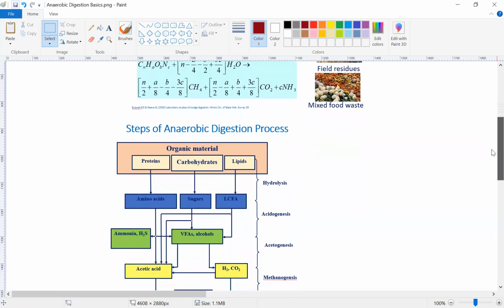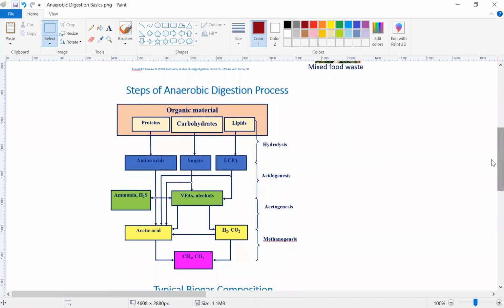Okay. Anaerobic digestion is a series of steps, actually a series of sub-processes, basically. If we have organic matter, it's composed mainly of proteins, carbohydrates, and lipids. This is for any material like manure, food waste, or field residues. It can be composed of these, but based on the source, the ratio between these three main components, protein, carbohydrate, and lipid, can change in the material.